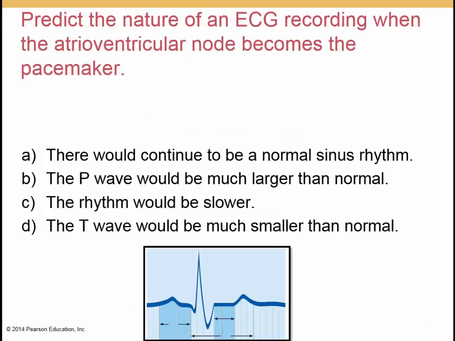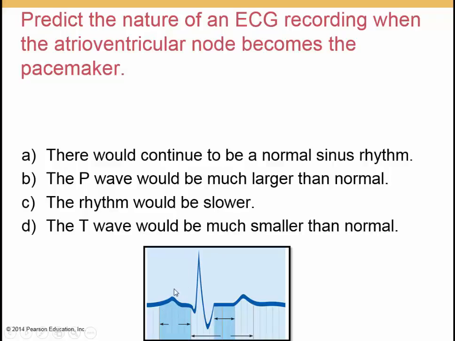Question time. Predict the nature of an ECG recording when the AV, that atrioventricular node, becomes the pacemaker. What's going to happen here? All right, so if that AV node is going to become the pacemaker, we're going to be losing this guy here. What's going to happen? Would it be normal sinus rhythm still? I think not. The P wave is going to be much larger than normal.